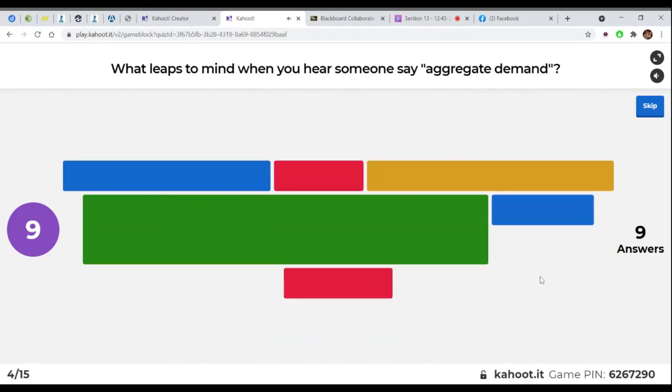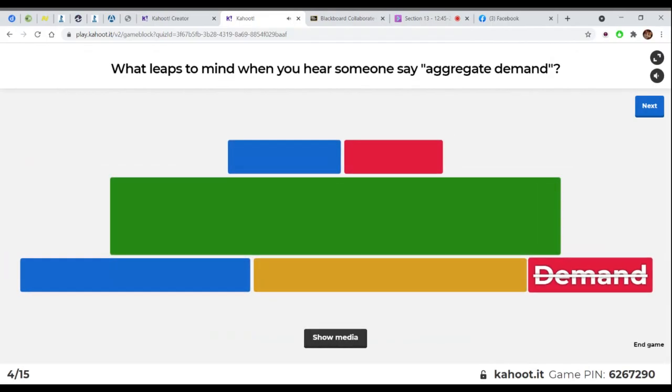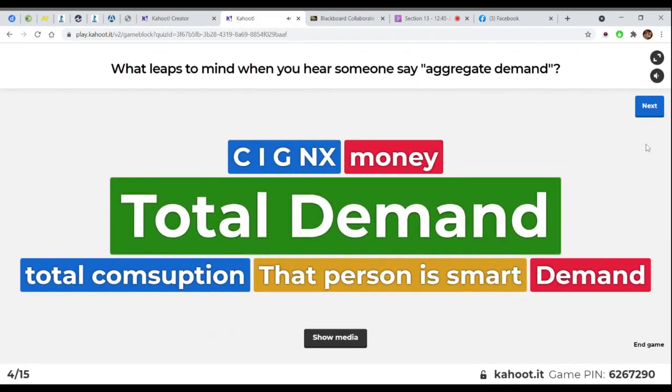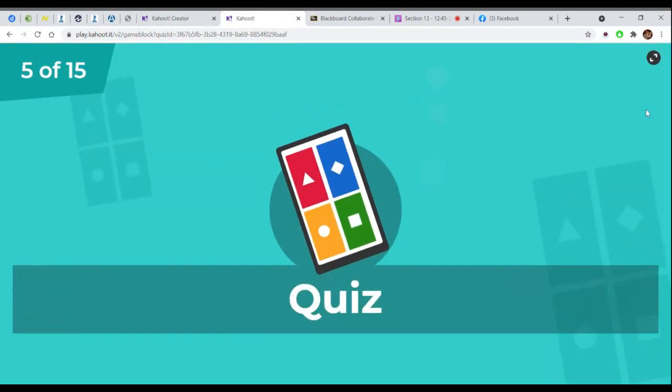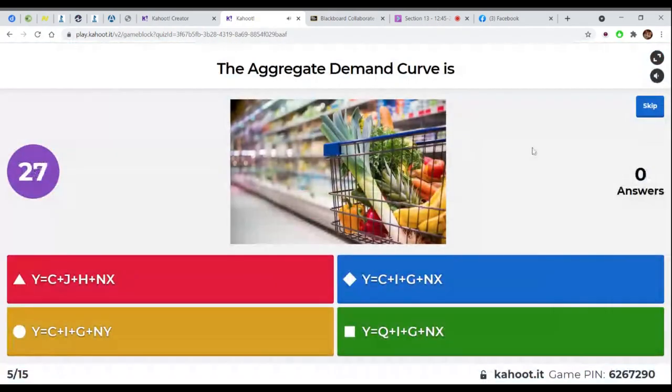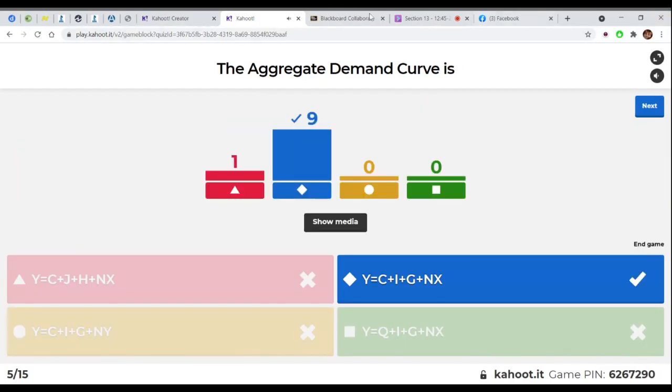Let's see some repeat answers here. C, I, G and X, total demand. Very good. What is the aggregate demand curve? Which one of these breakdowns is correct? All right, most of you got that right. Very good.